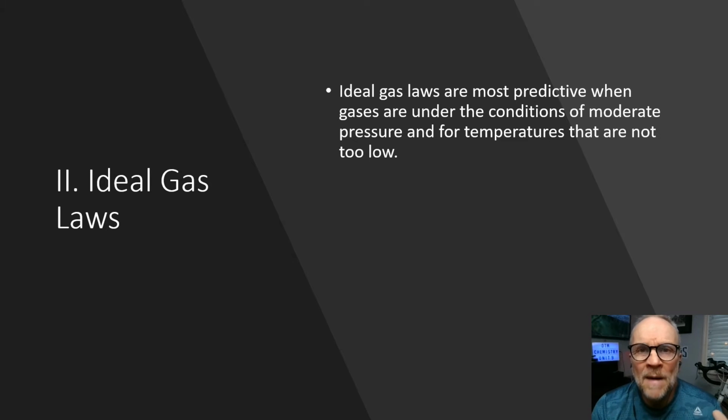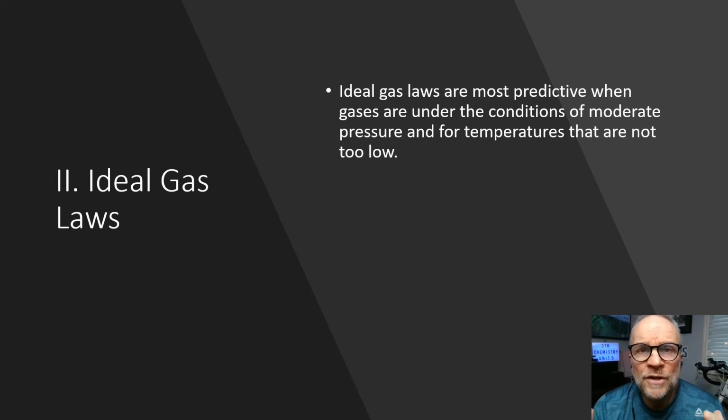When they collide, they bounce off each other and no energy is lost. But if you compress a gas and cool it off, the molecules move extremely slow and they're closer together because you're compressing it, and they stick together. They're a little bit sticky, and so they are not as easily predictable in terms of their properties.